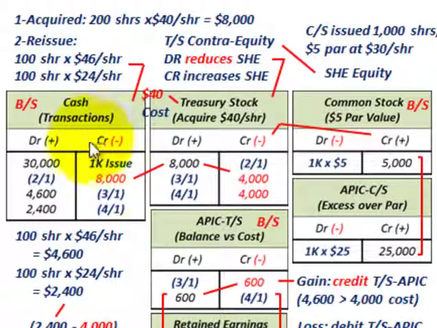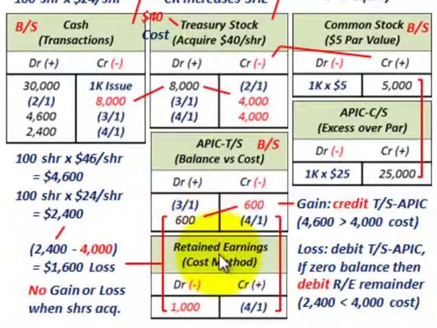First, we're going to have a cash account set up, and then we're going to have the treasury stock account as a contra-equity account. We're also going to have additional paid in capital from treasury stock, and it's going to involve some retained earnings on a loss when we reissue this treasury stock. And then we'll have common stock.